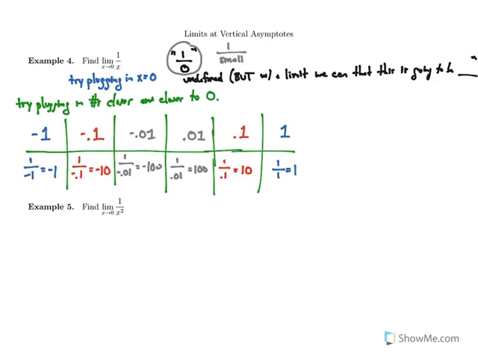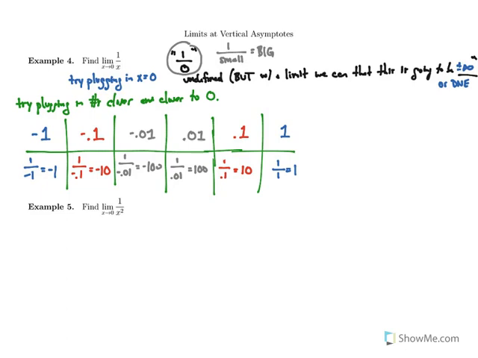So this is 1 over a number really close to 0, which is a very big number. So when we have 1 over 0 and we plug in a value, that means that this is going to be either positive or negative infinity, or does not exist. And we'll see in a second why that's the case.